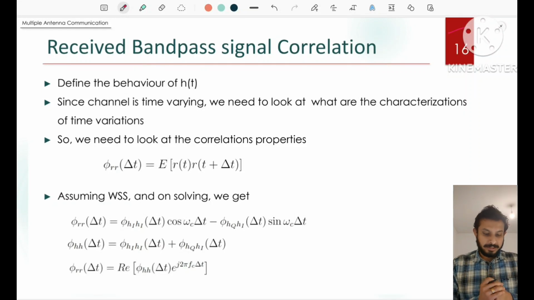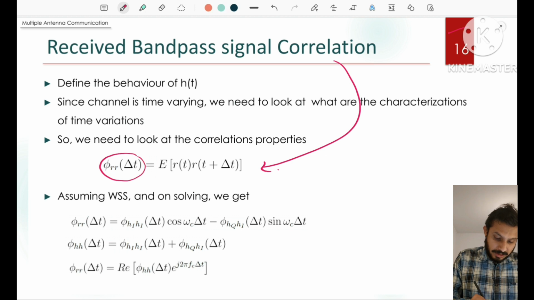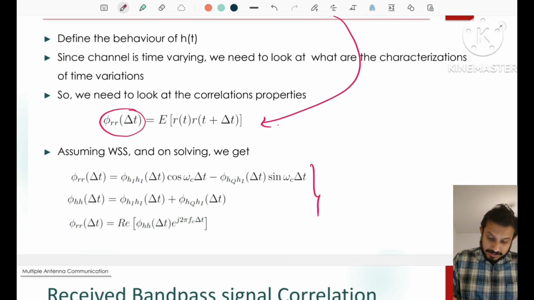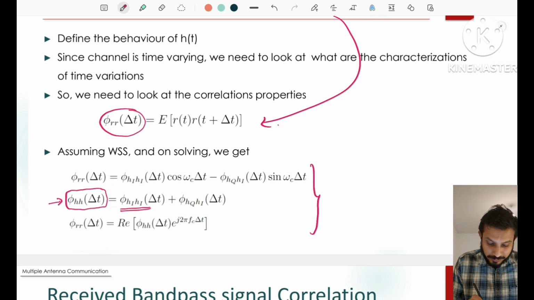Previously, we have seen received bandpass signal correlation, where we tried to compute the correlation of the received signal with itself. On solving, what we get is three important expressions, where this expression shows that the correlation of the channel with itself depends on the correlation of Hi with Hi and the correlation of Hq with Hi.